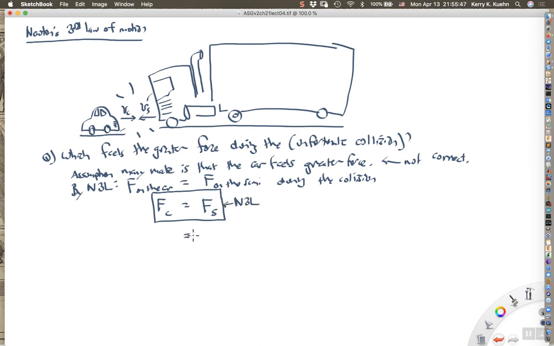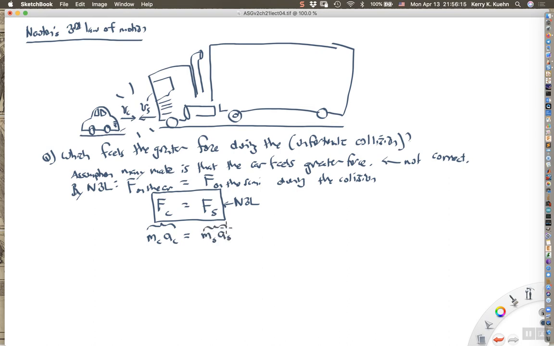Let's insert Newton's second law, and I'm going to insert Newton's second law in the F equals ma format. So the force acting on the car is equal to the mass of the car times the acceleration of the car, right? So I'm basically substituting in Newton's second law. And the force acting on the semi is equal to the mass of the semi times the acceleration of the semi.